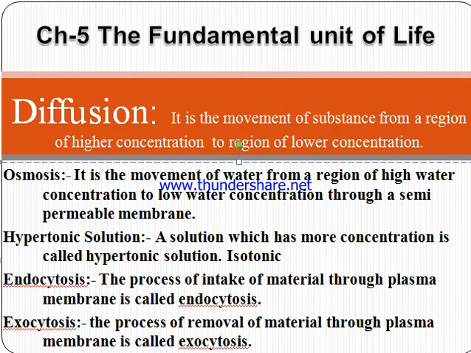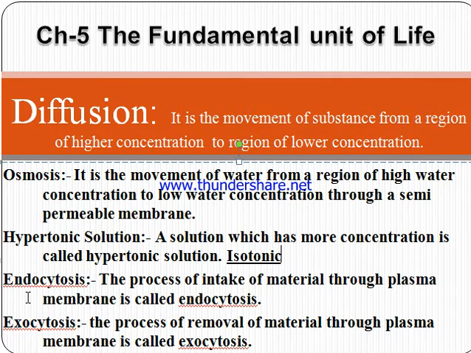So remember always, if two solutions are there, one solution having high concentration is named hypertonic solution, the other having low concentration is named hypotonic. One more solution name is there, that is isotonic solutions. What are isotonic solutions? If two solutions have similar concentration, then they are known as isotonic solutions.